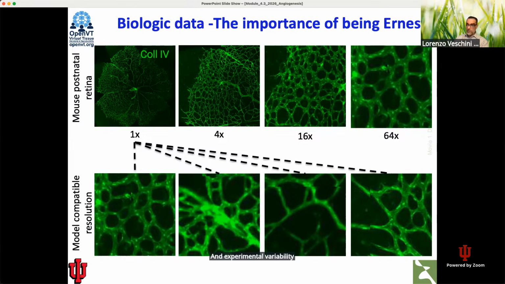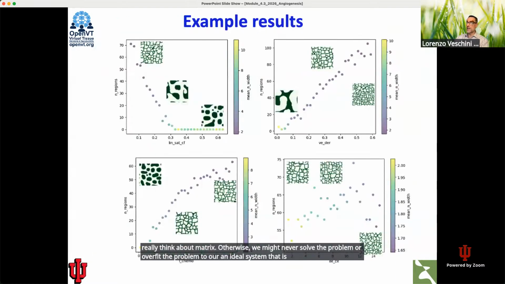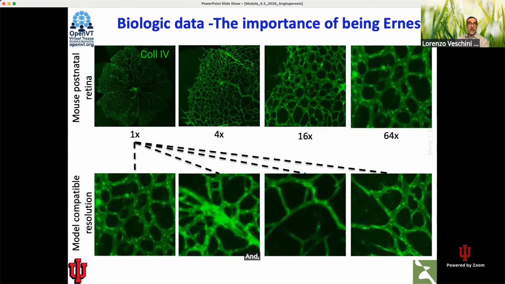So we have to compound all of those when we really think about metrics. Otherwise, we might never solve the problem or overfit the problem to an ideal system that is perhaps not very realistic.